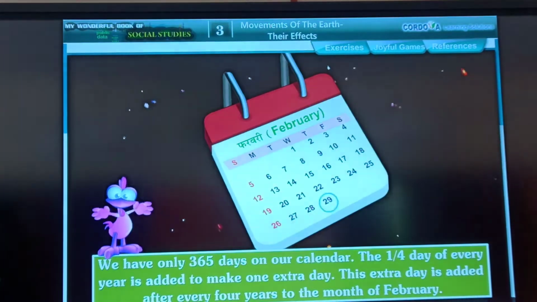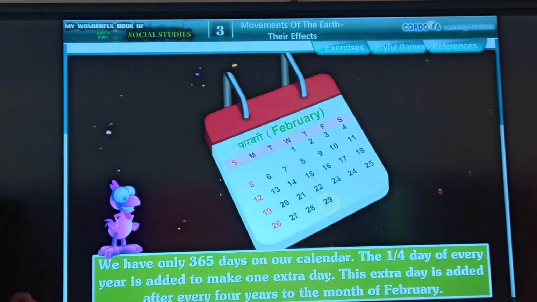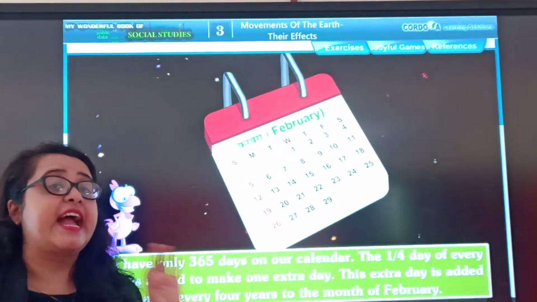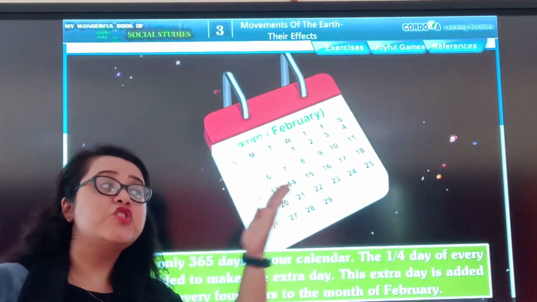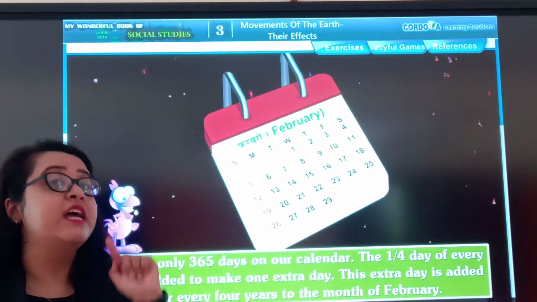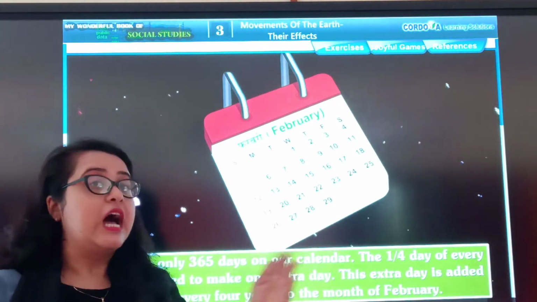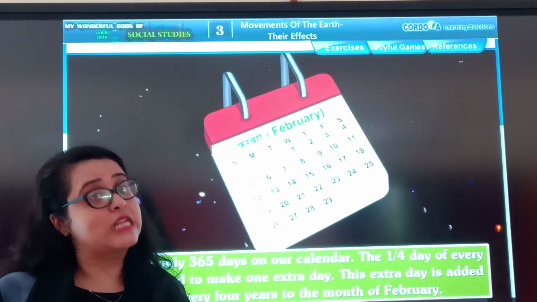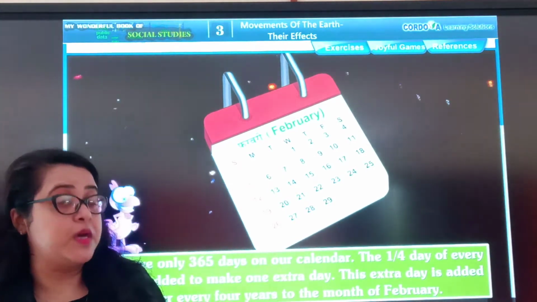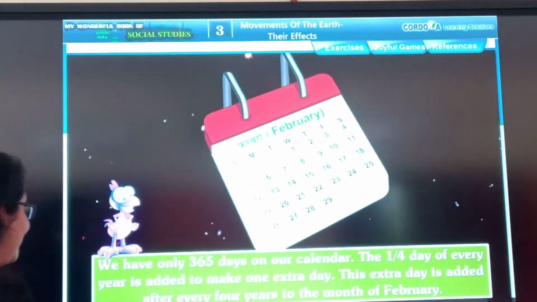This extra day is added after every 4 years in the month of February. Every 4th year, this extra day of 1/4 day is added in February. Every year February has 28 days, but when it is a leap year, it is 29 days in February.